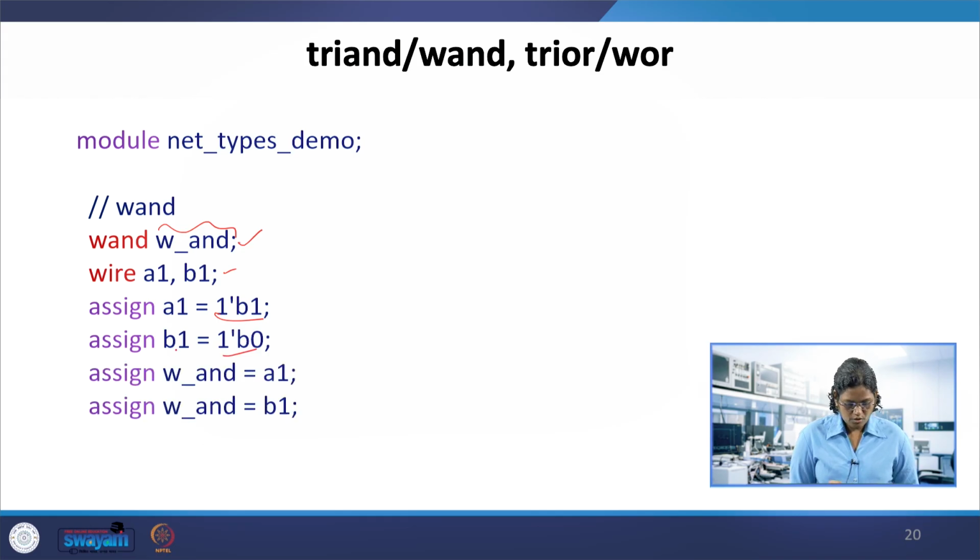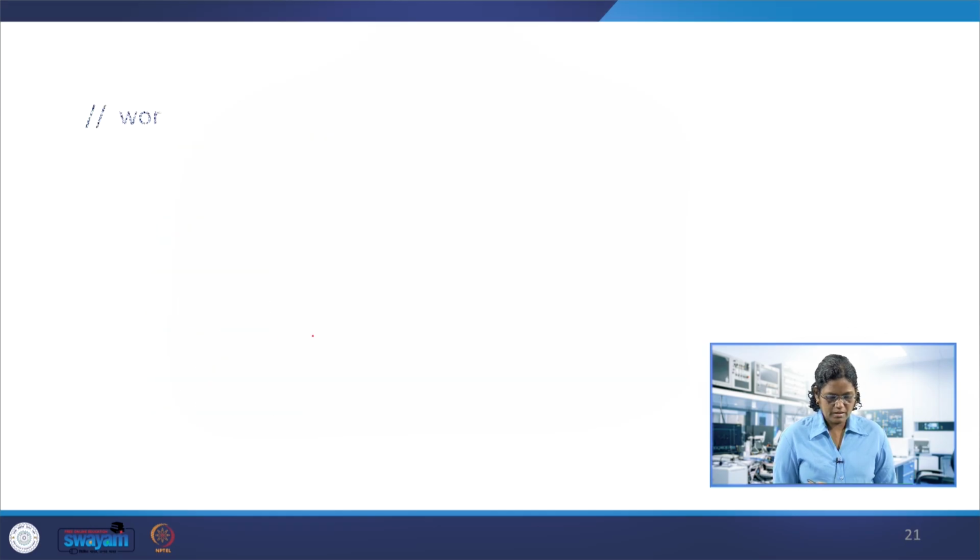Then assign the wand w = A1 and B1, because these are concurrent statements. So what would be the wire-and of A1 and B1, where A1 is 1 and B1 is 0? Let us see the output, and similarly for wire-or, what would be the output? I will give you this here.